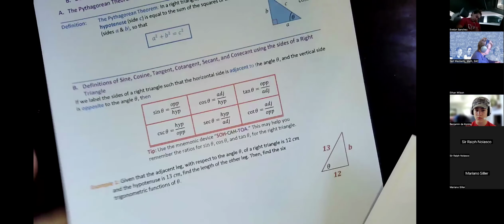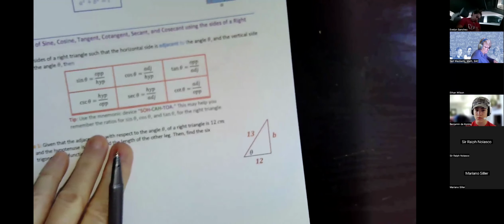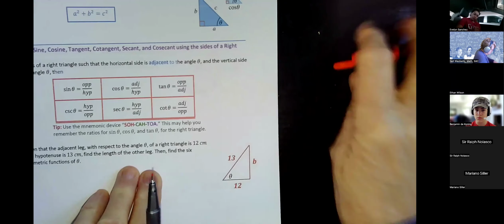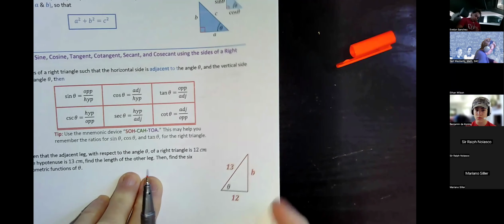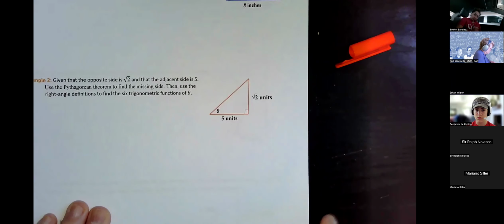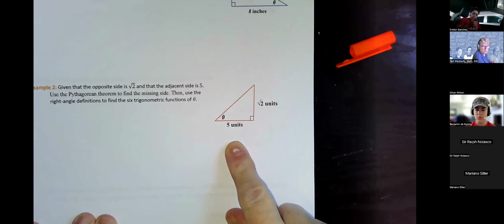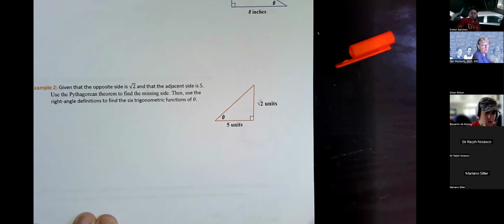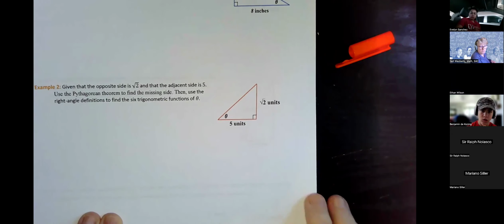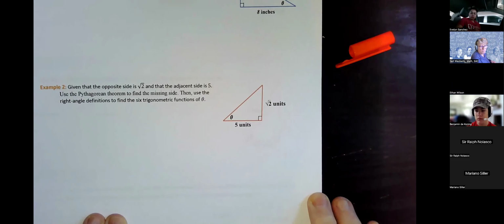And before we look at these fun trig identities, I want to play with... We did this one, didn't we? This example? Or did we finish it? I don't remember. I don't either. Yeah, I'm not sure. I think we did.